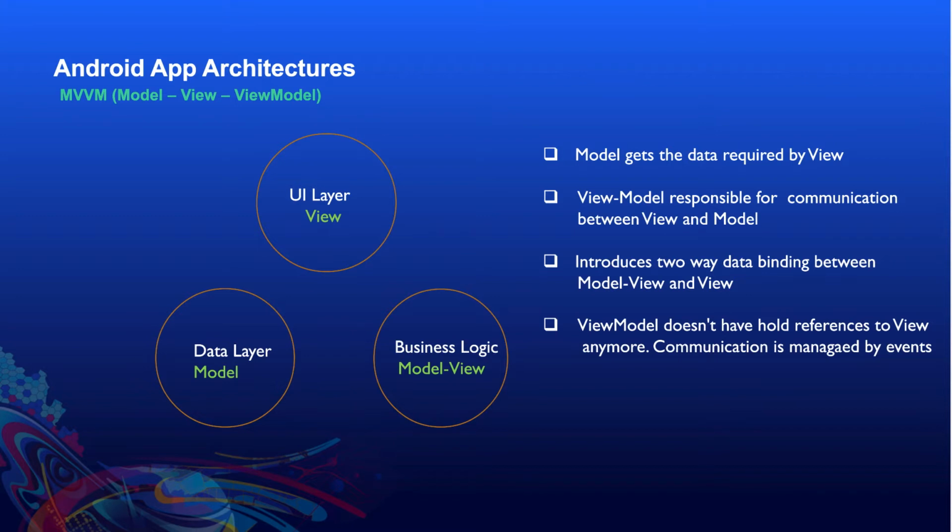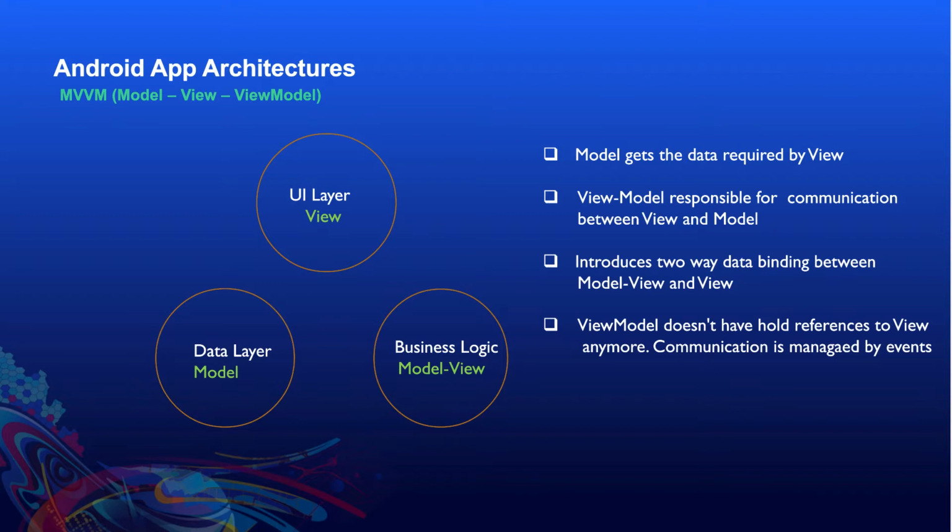So now, with view and view model, the interaction through callbacks is simplified with event-driven programming, where a two-way data binding between the view model and the view is created.